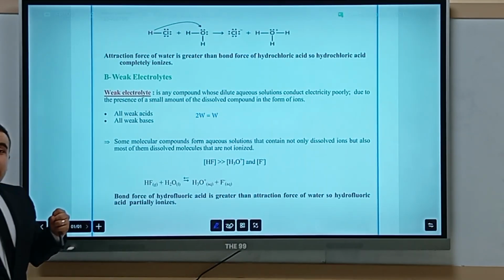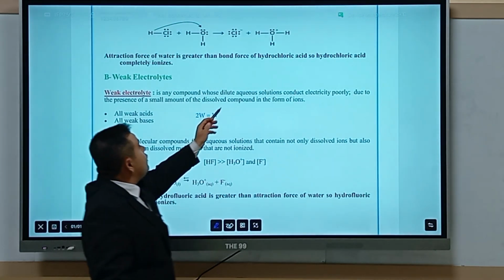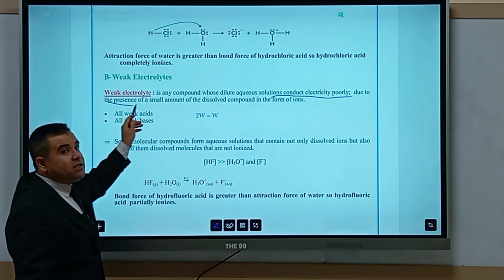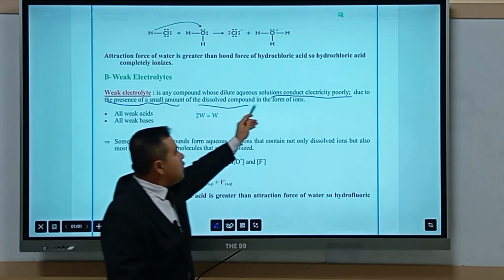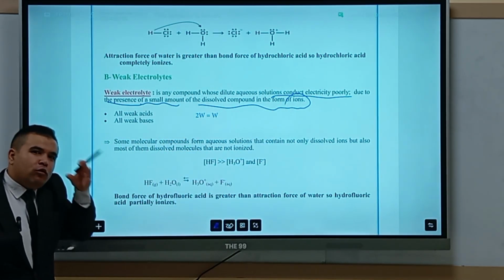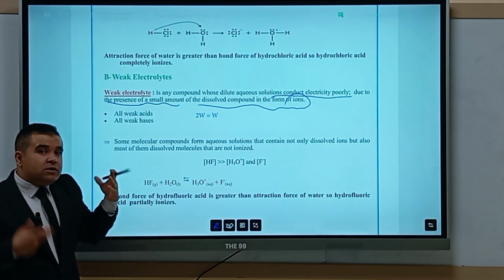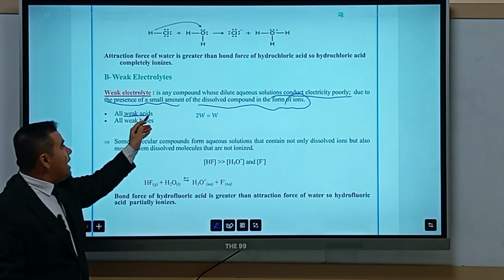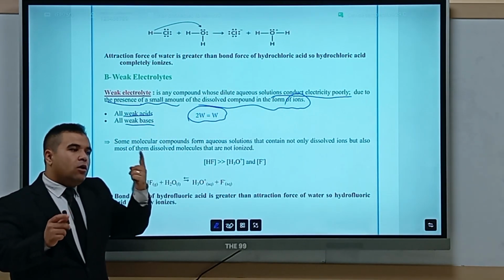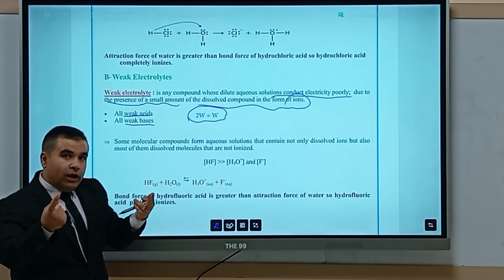And they do conduct electricity, but poorly, due to the presence of a small amount of dissolved compound in the form of ions. Mostly it is non-ionized or non-dissociated molecules. Those groups are weak acids and weak bases. 2W equals 1W. We mean weak acid is the first W, weak base the second, equal to weak electrolyte.